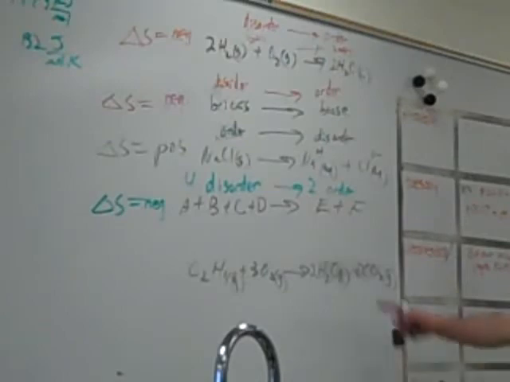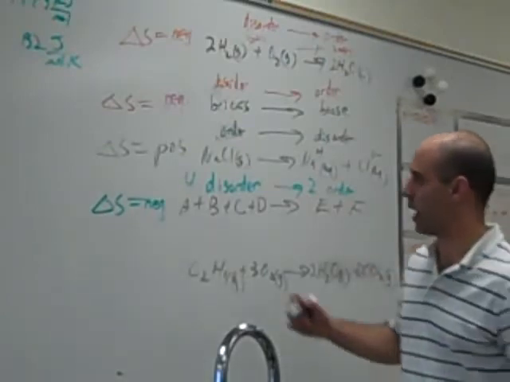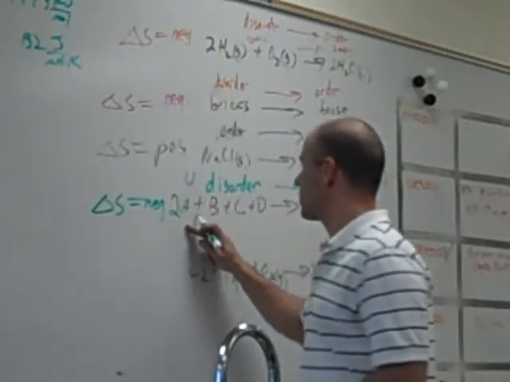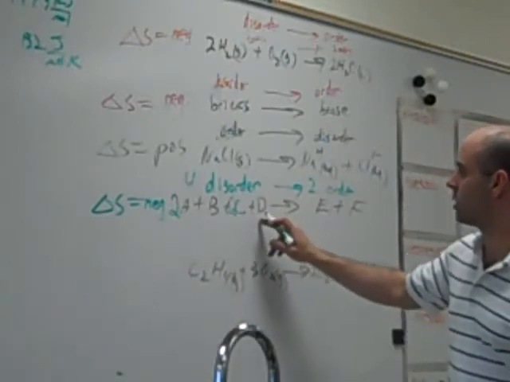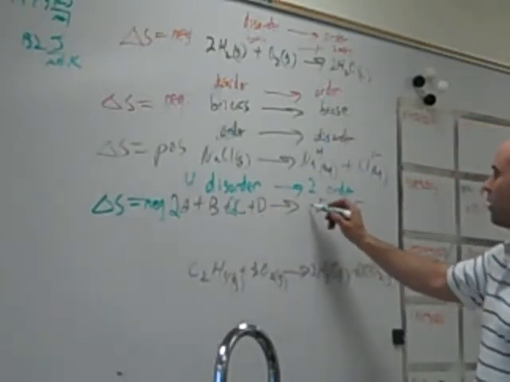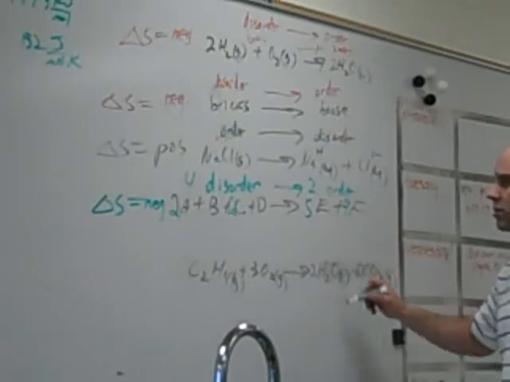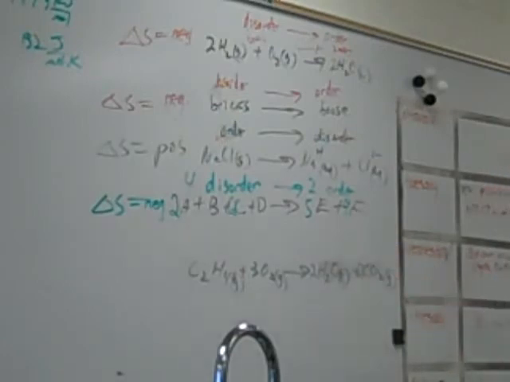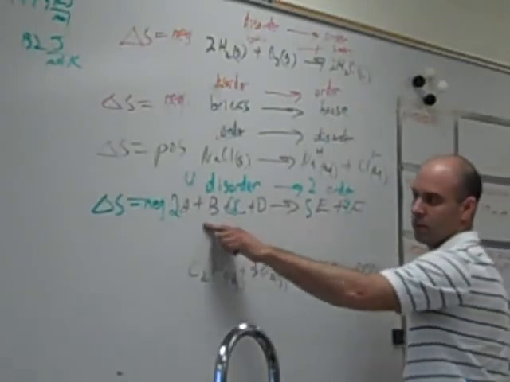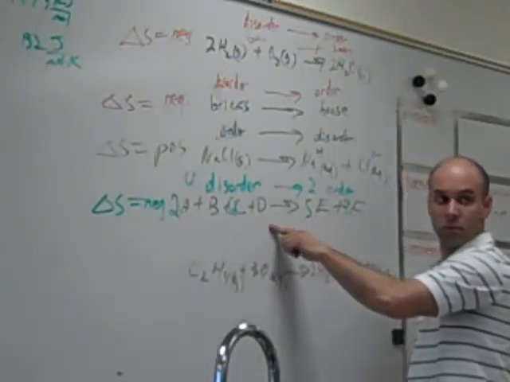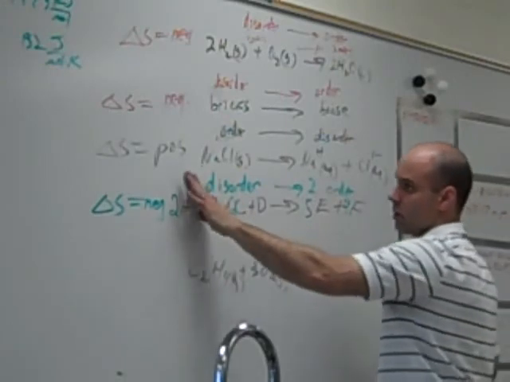Okay. Now what if I did this? What if I said that, okay, I take 2 A's, 1 B, 2 C's, 1 D, and I get out 5 E's and 4 F's. Now what happens to the problem? Positive. How many moles do I have on this side, Binger? 6.